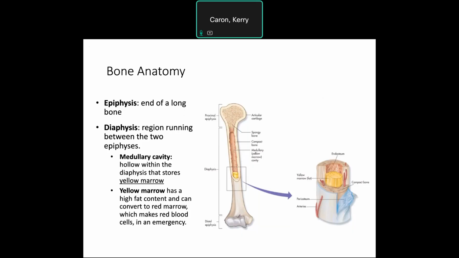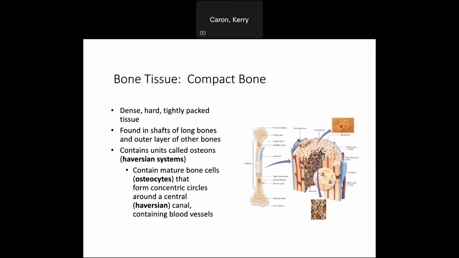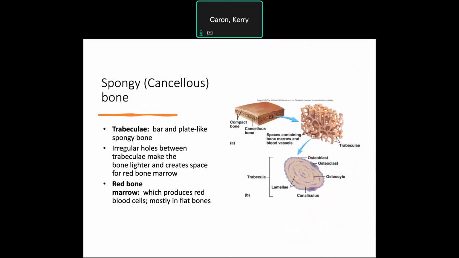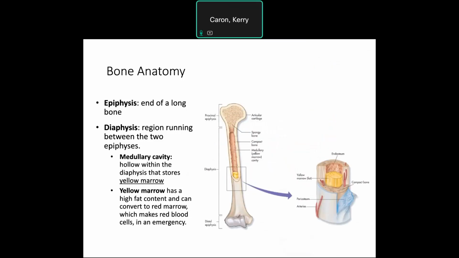Wait a minute. That's reminding me of something. Red marrow, going back a few, right here. Red bone marrow was found in flat bones, producing red blood cells. Now we have yellow marrow, which has high fat content.